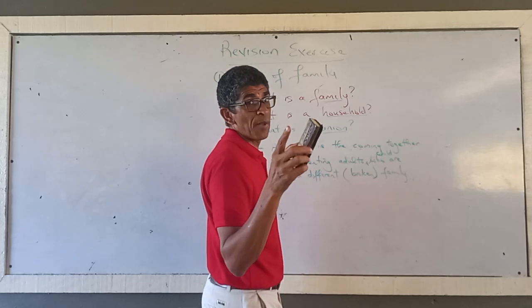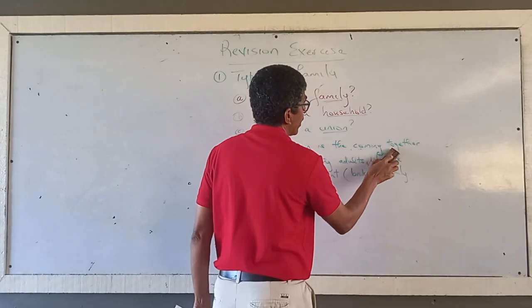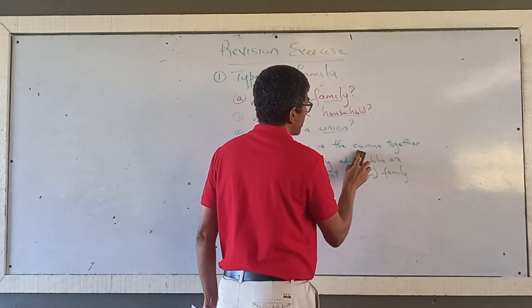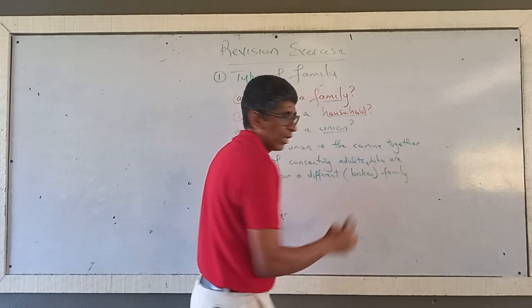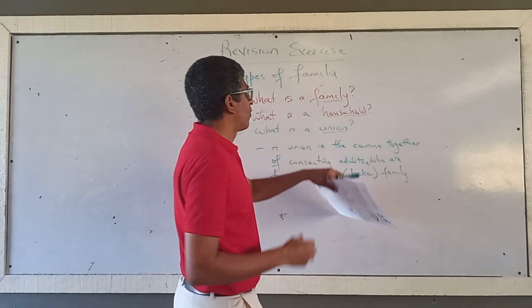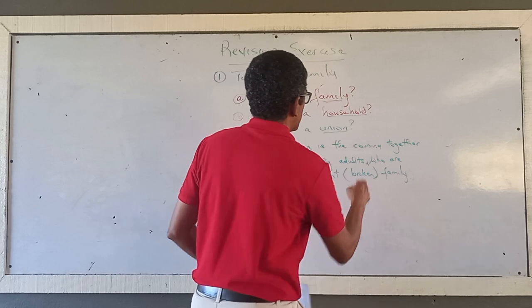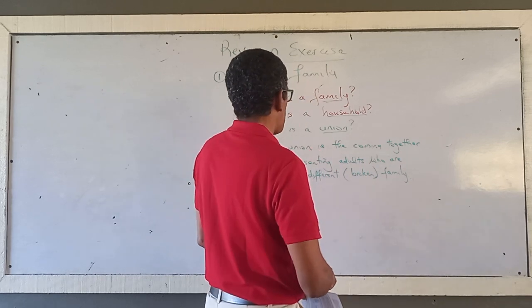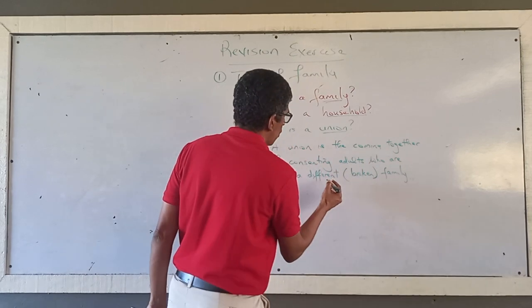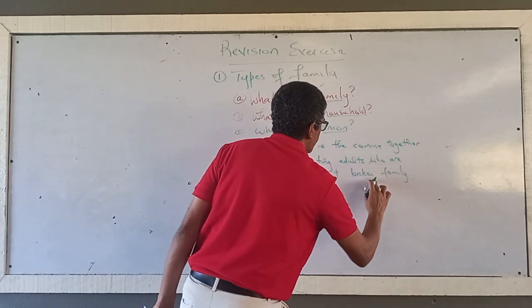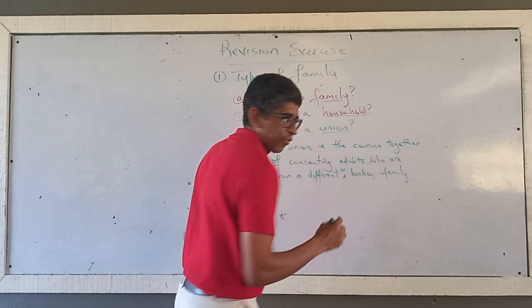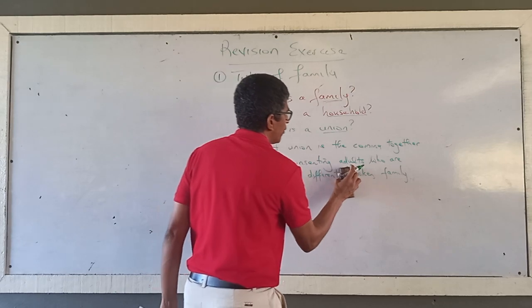I'm mixing it up, I'm thinking of the reconstituted family. But let's leave that one out of it. So let's get the context correct. A union is the coming together of consenting adults from different family backgrounds. Let me not confuse you.